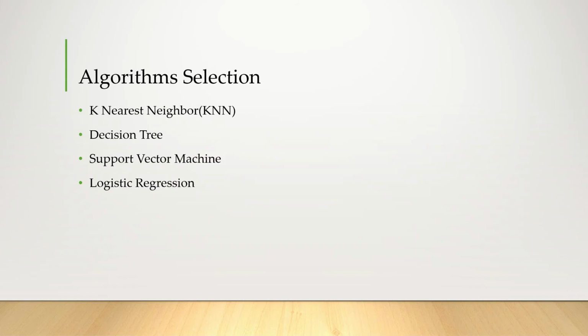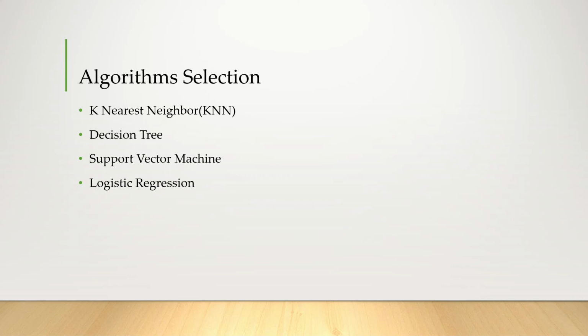For algorithms, we are using k nearest neighbors, decision trees, support vector machine, and logistic regression. These four algorithms are very popular and powerful for classification problems.